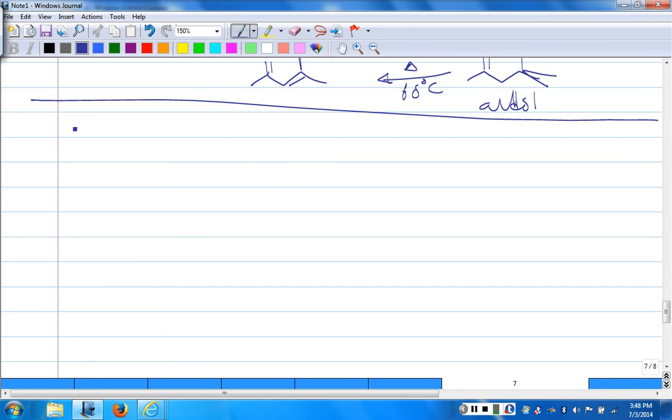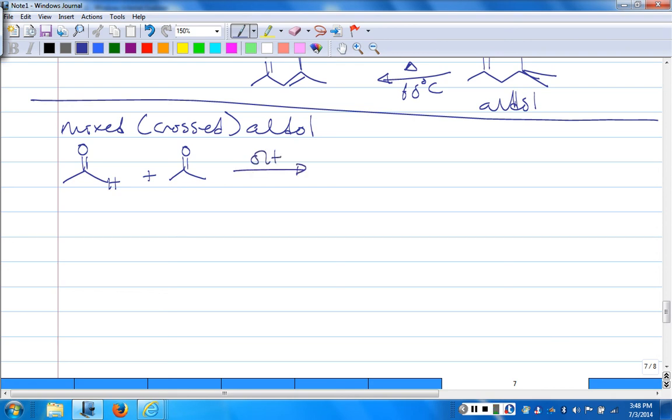So in other words, let's look at what's called a mixed or crossed aldol reaction. In other words, what would happen if I used ethanal and propanone, which people will still call acetaldehyde and acetone? What would I get if I treated that mixture with hydroxide? What would be the structure of the aldol?